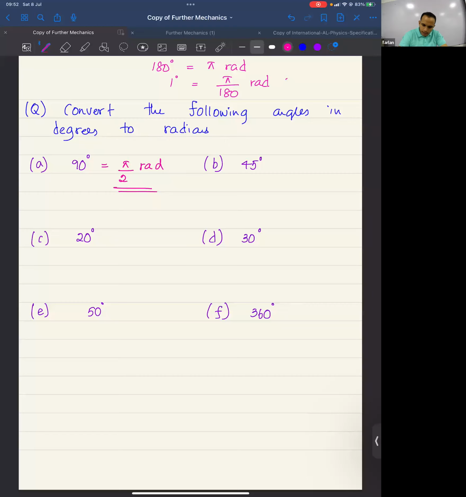Okay. So guys, 45 degrees will be pi over 4 radians, no? Agreed?